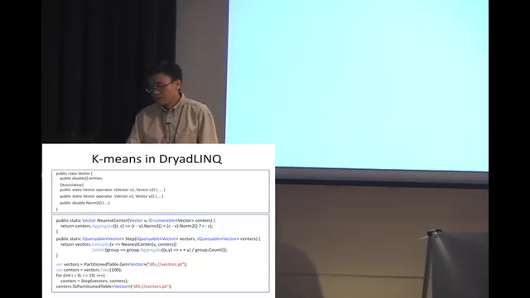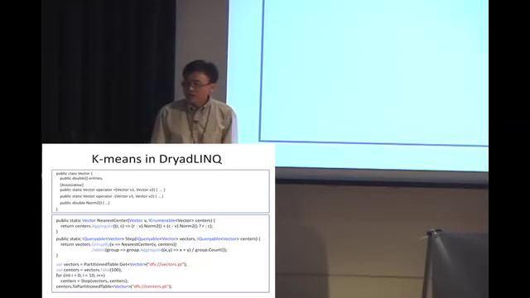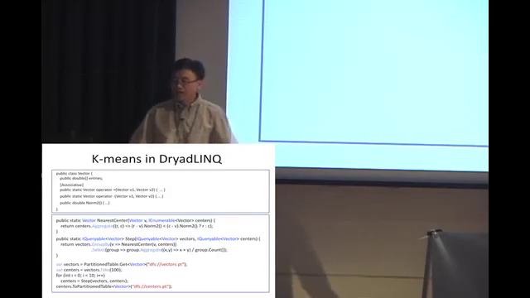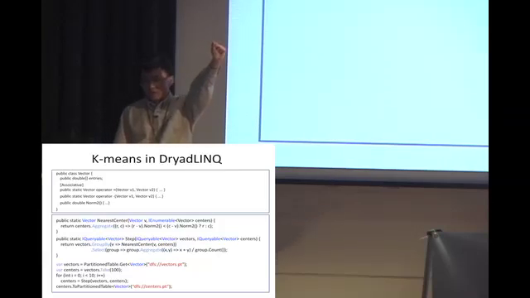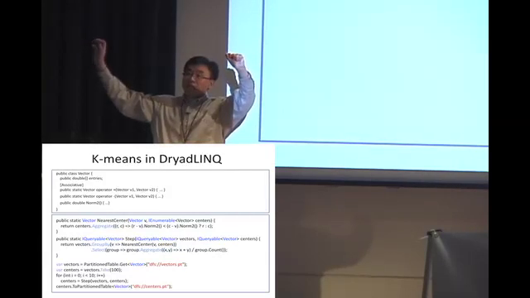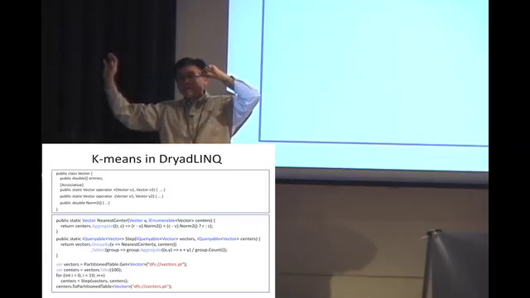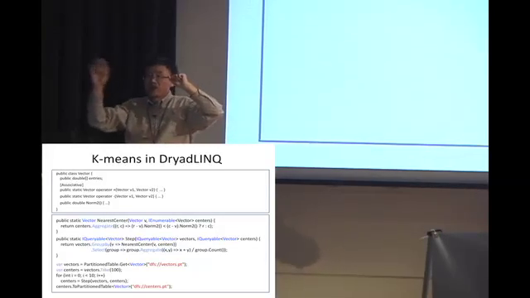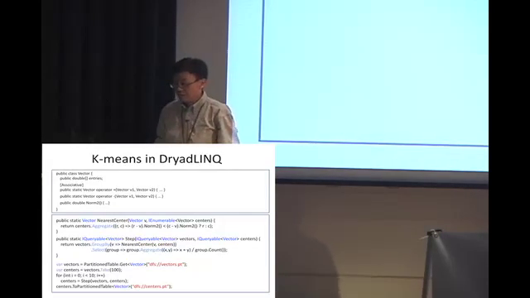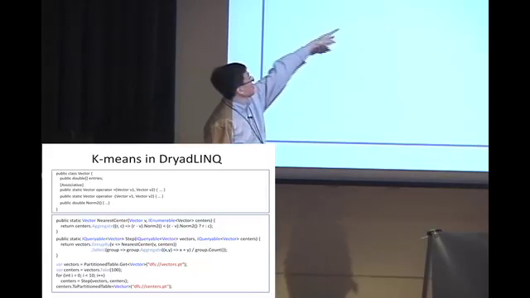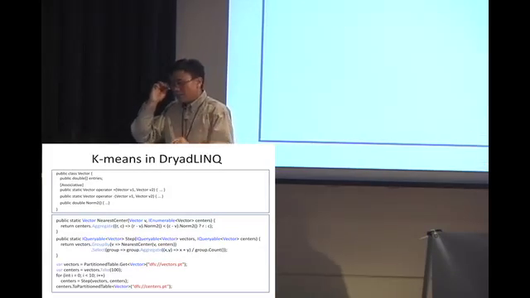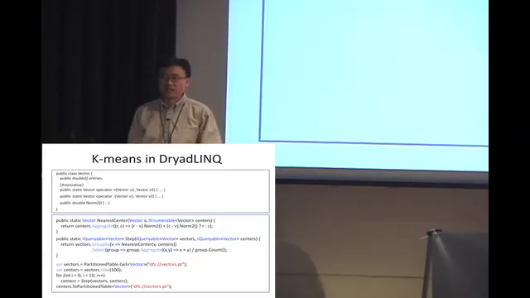That's it. Then you define something called nearest center: given a point and a bunch of centers, I want to find the nearest center to this point. You probably don't want to understand it, but this is the code.